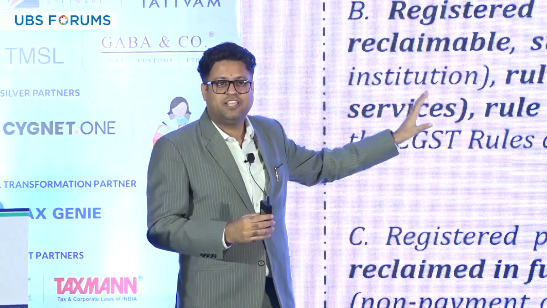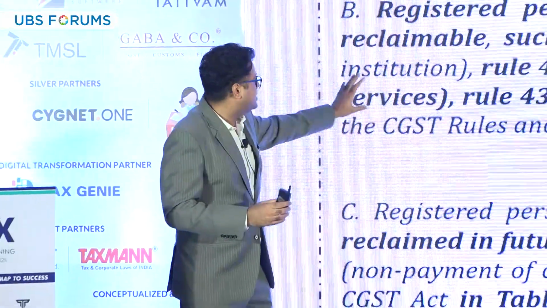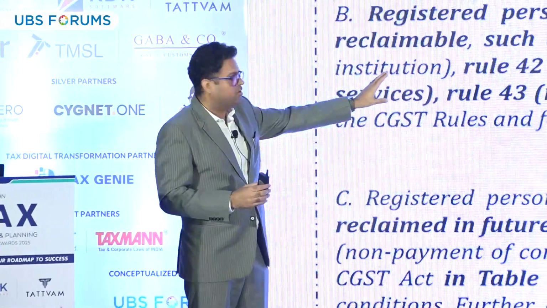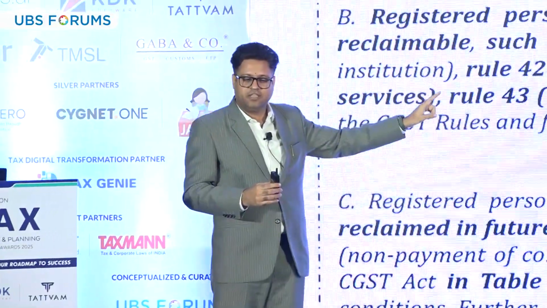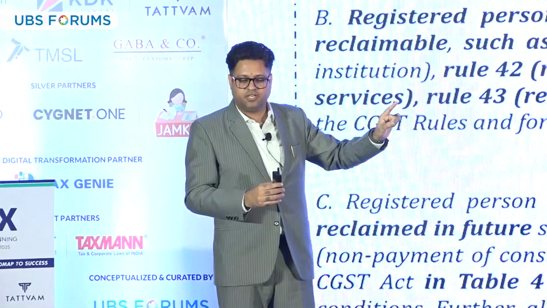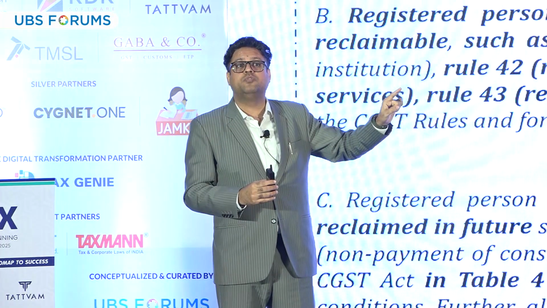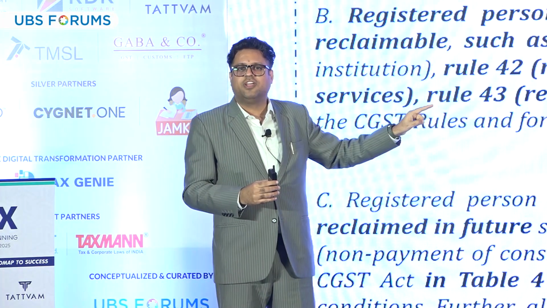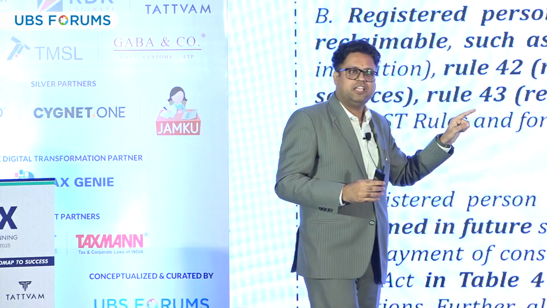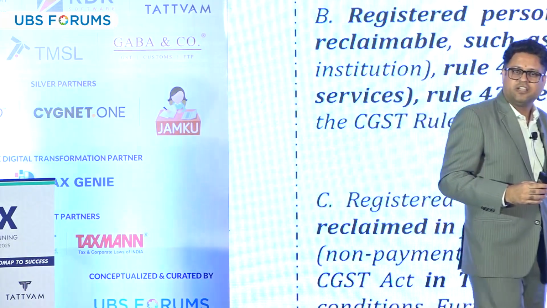But look at their circular itself. They are saying the registered person will report reversal of ITC which is absolute in nature and not reclaimable, for example Rule 42. Now tell me, is this statement correct?